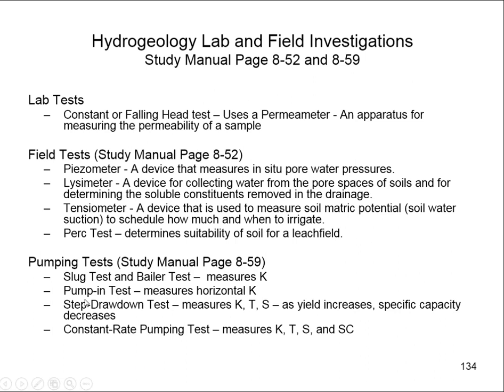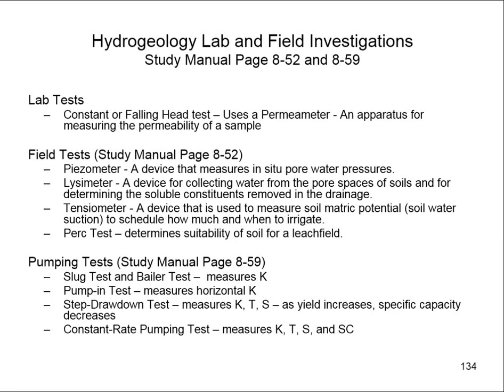And then pumping tests. We have a slug test or a Bailer test. This measures the hydraulic conductivity. Slug test is where you put in a big metal slug and displace the water. Bailer test is where you remove a known volume of water.